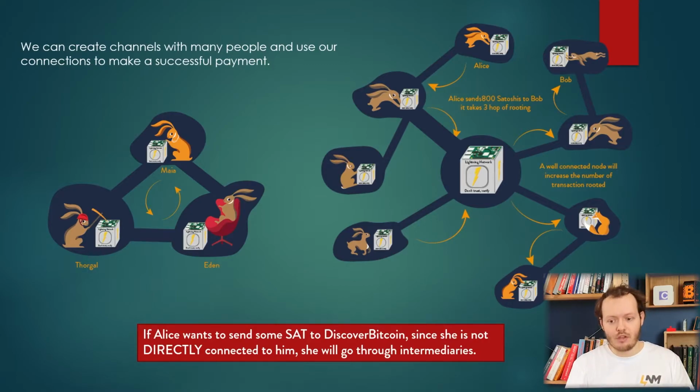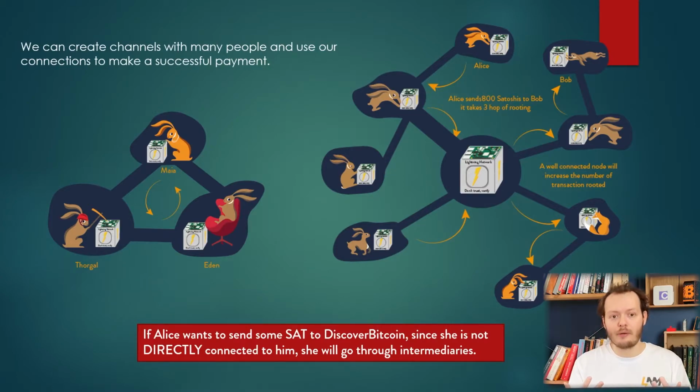Meaning that even though I am not connected to the shop that sells coffee down the street back in El Salvador, because I'm connected with a Bitcoiner who is connected to some other dude in the US who is connected to that specific shop, I can still send money directly to him with a very tiny fee.